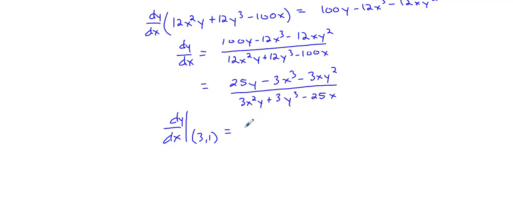So that's a 25 minus 3 times, I'm just going to write 3 cubed. 3 times 3 times 1 squared. 3 times 3 squared times 1 plus 3 times 1 cubed minus 3 times 3.